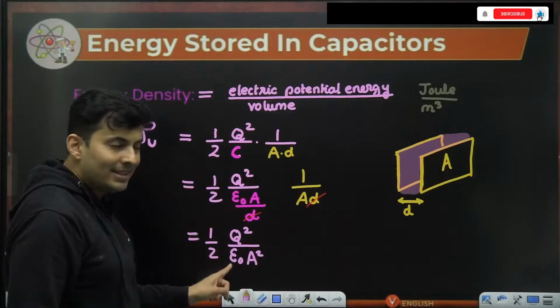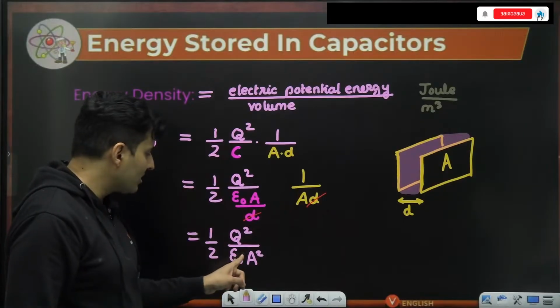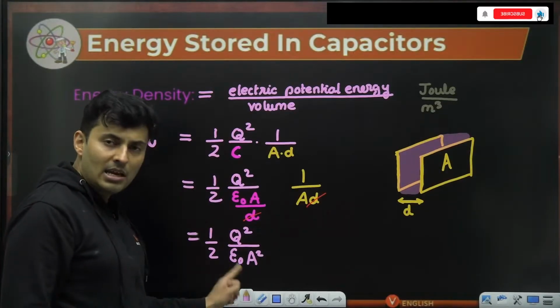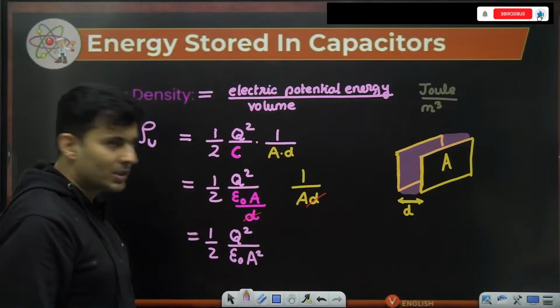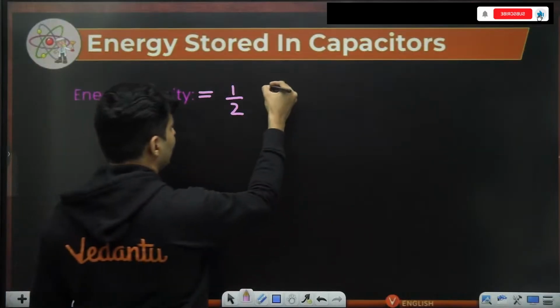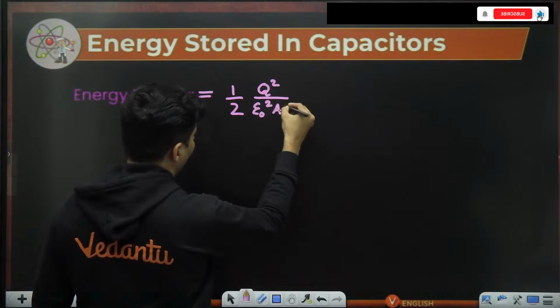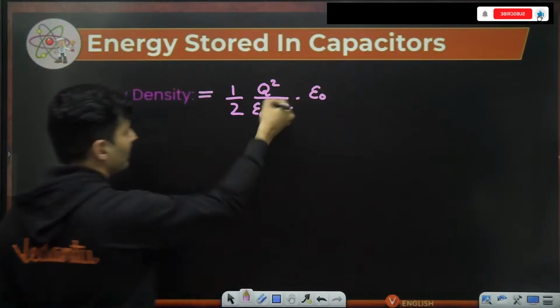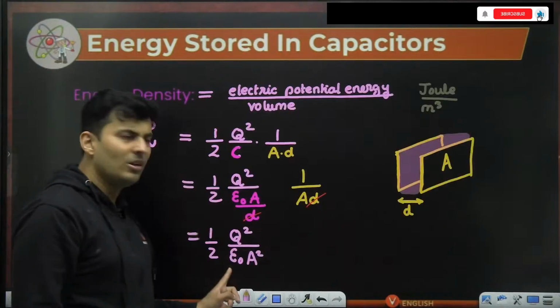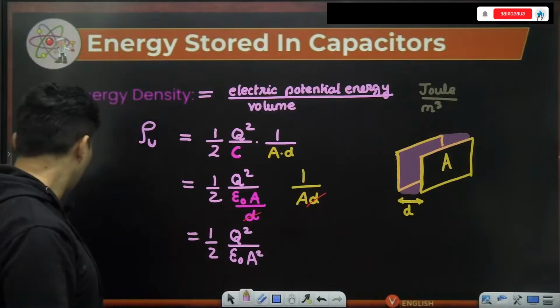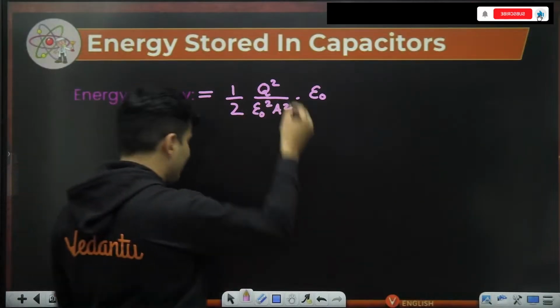Instead of putting one single epsilon naught, I'll put epsilon naught square, and to balance the equality, I will also multiply by epsilon naught. So it will look like this, half Q square by epsilon naught square, A square, and epsilon naught. If you cancel epsilon naught, obviously you'll get back this answer. Nothing wrong in it.